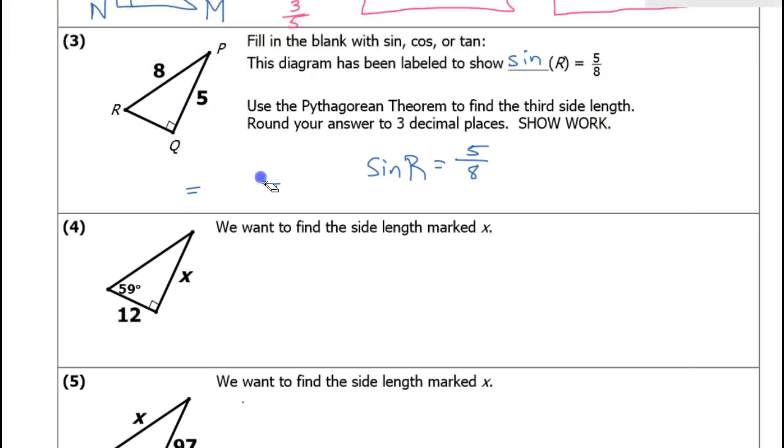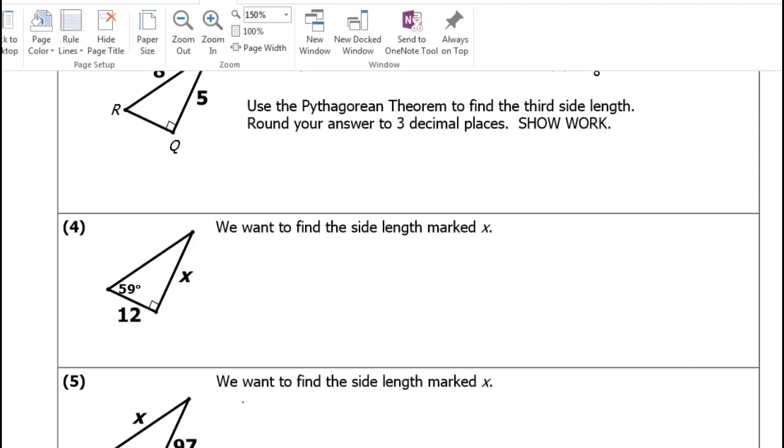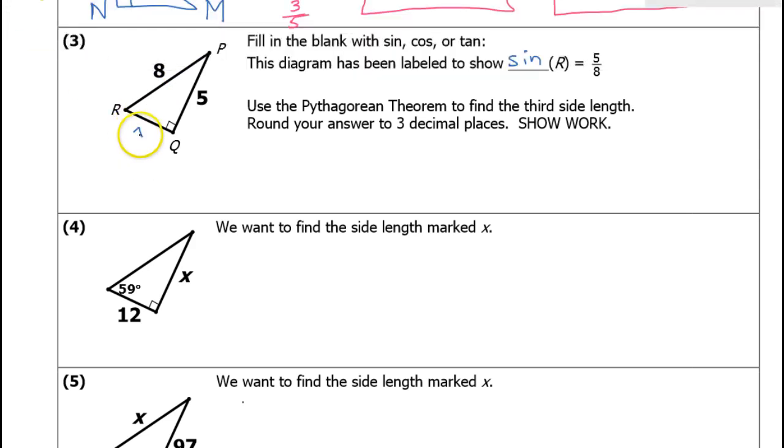Part 2 of this problem, they're telling us to use the Pythagorean theorem to find the third side. So let's call the third side x, and let's go for it. Remember, when you do the Pythagorean theorem, you might have learned a squared plus b squared equals c squared. Please understand that the c has to be the hypotenuse.